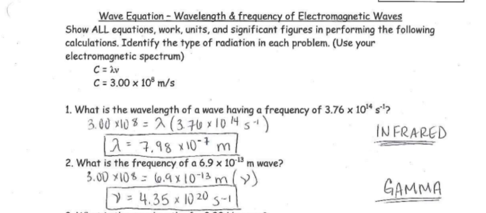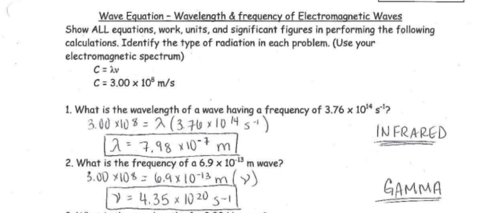So the speed of light, which is the c, is equivalent to 3.00 times 10 to the power of 8 meter per second. So we substitute that for c, and then what we are looking for is the wavelength.